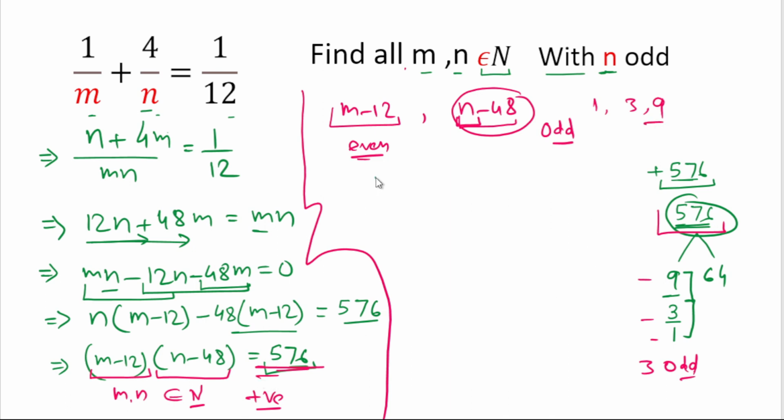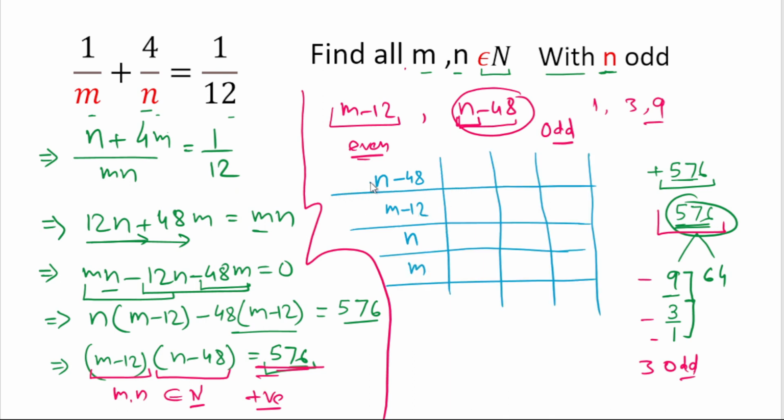Now for solving we'll make a table with n minus 48, m minus 12, and then we'll find the values of n and m. For calculating n and m, we'll first put the factor n minus 48 as 1. Then m minus 12 will be 576 divided by 1, that is 576.